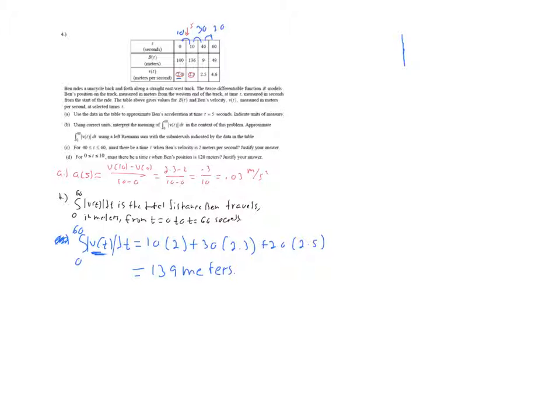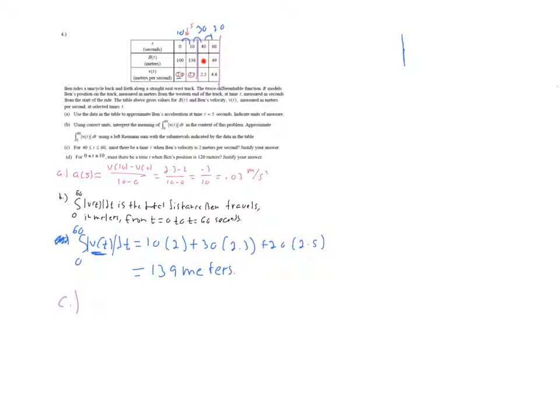All right, and finally on C. Okay, so must there be a time between 40 and 60? So if I look at this table between 40 and 60, must there be a time when the velocity is equal to 2? Well, the velocity is 2.5 at 40 and 4.6 at 60. So there's nothing here that tells me my velocity has to be equal to 2.